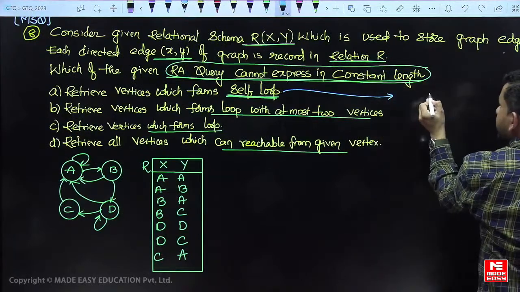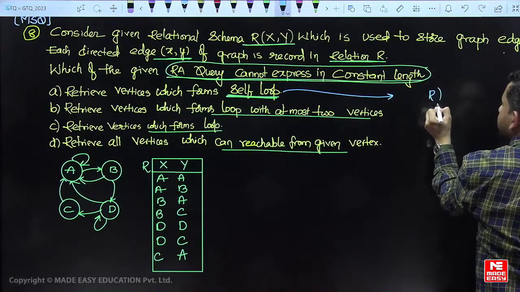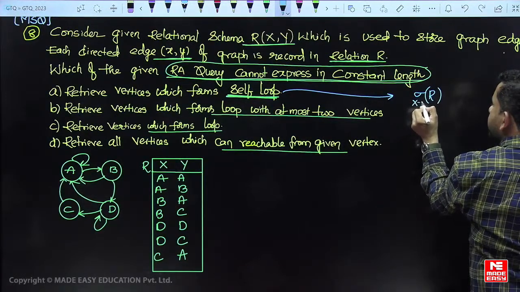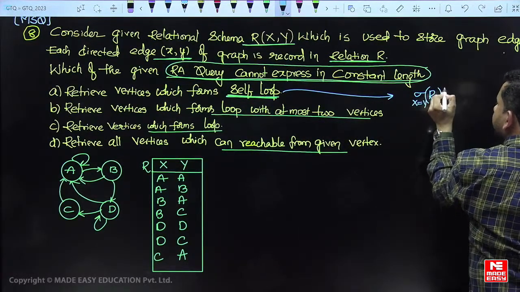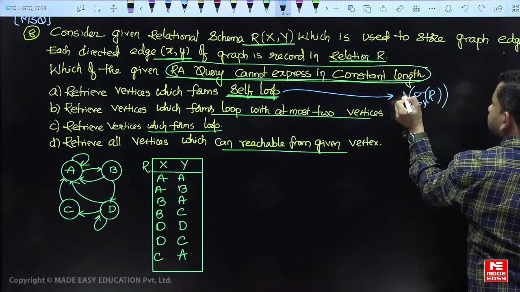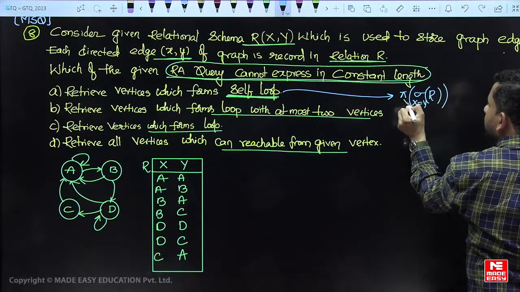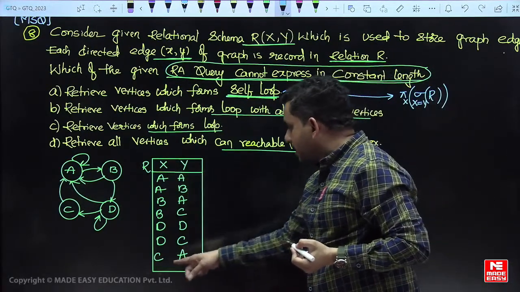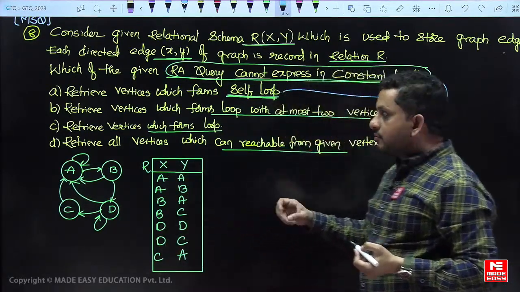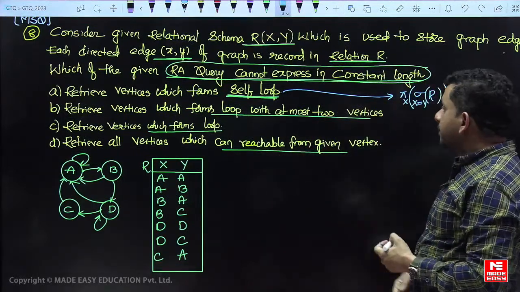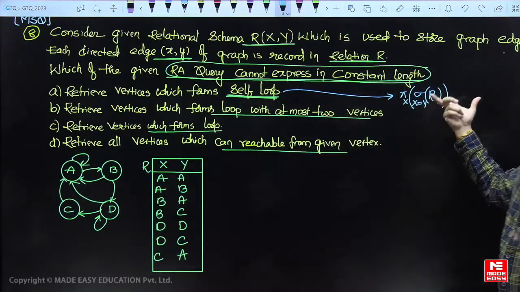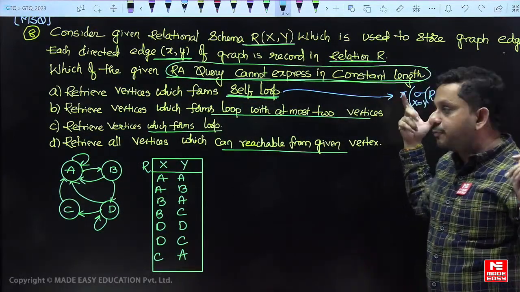Simply from this relation R, retrieve the records whose attribute values X and Y are equal, and project X. Write that, it will give self loops. So A to A and D to D. A and D form the self loop. It is a constant length query, and it will work for retrieving all the vertices which have self loop.